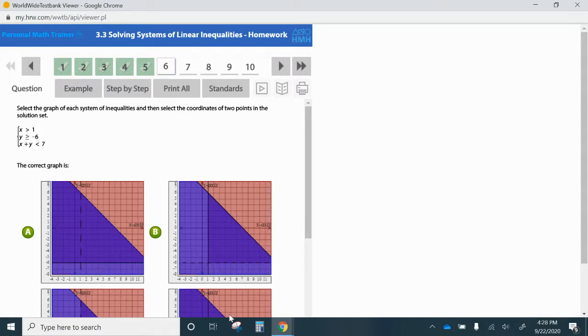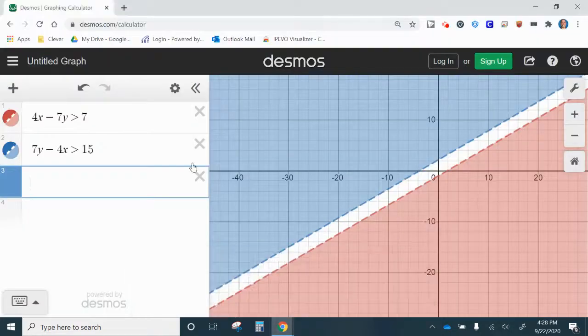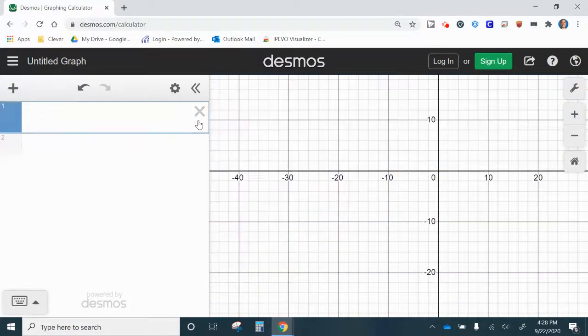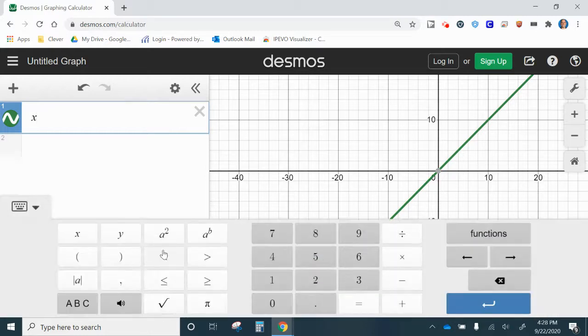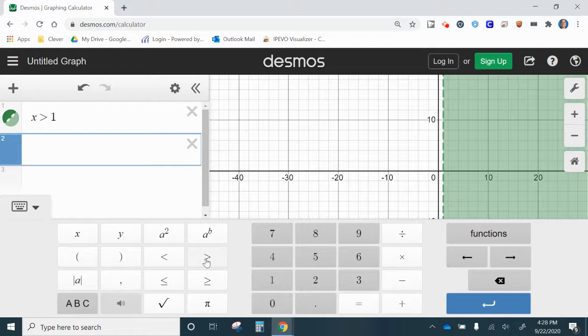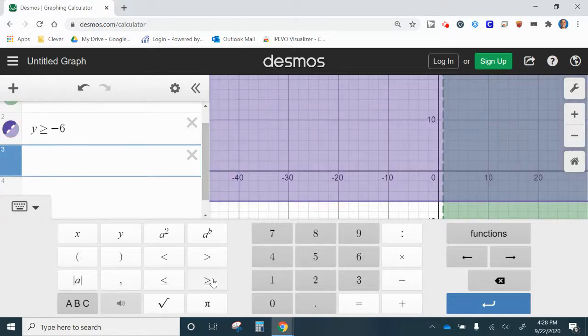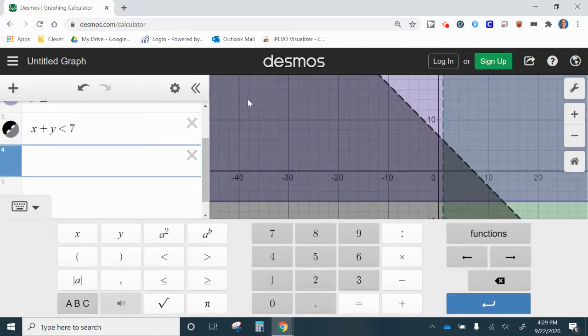So let's go to Desmos. So x is greater than 1, y is greater than or equal to negative 6, and x plus y is less than 7.